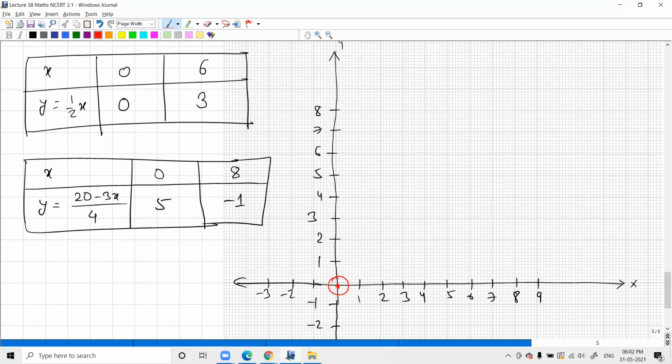This is 0 comma 0, first point. Then 6 comma 3: 6 here, then 1, 2, 3. This is 6 comma 3. If I join these two using a scale, that will be the graph of the first equation.